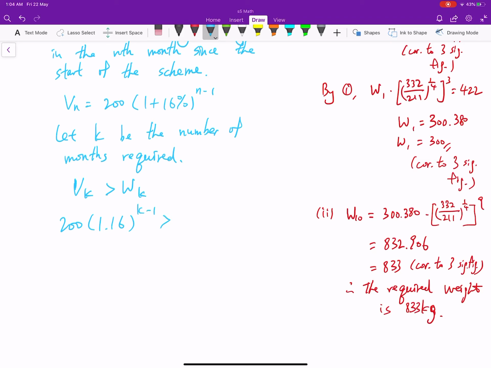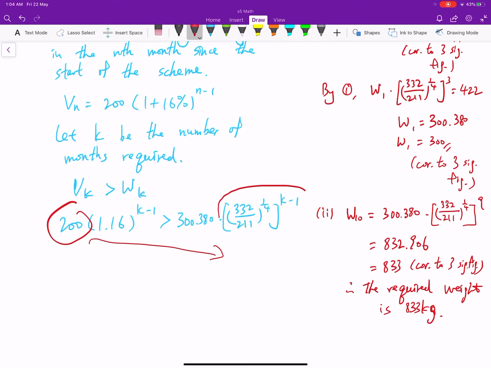And then greater than W1 multiplied by 1 plus R percent, which is this, and then we get k minus 1. So with similar skills, we put this 200 here, and this term here. So we get 1.16 over 332.